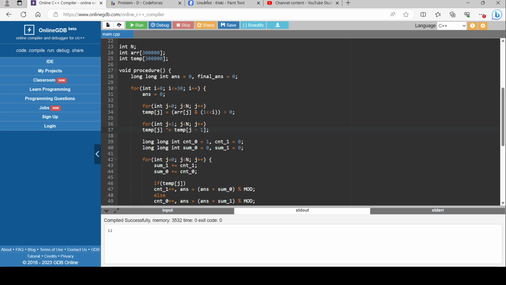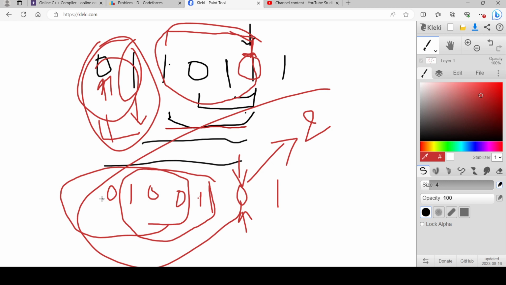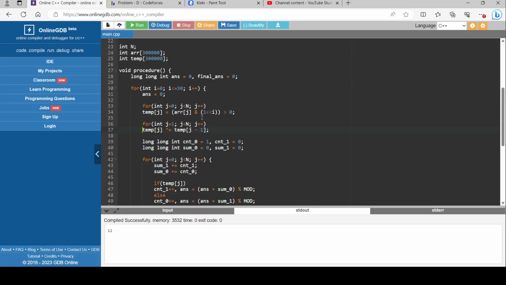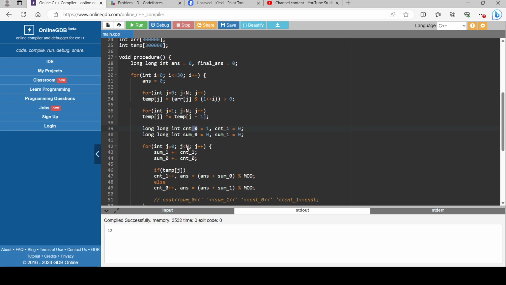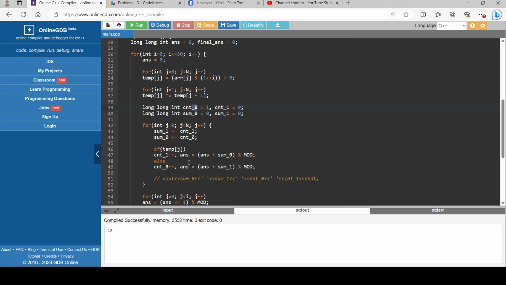Now as you know, basically the value before this, we consider it as zero, so that is why we initialized it with zero for counting. Okay, so we would be counting the total number of ones and the total number of zeros, and then we would be adding this answer to its contribution.